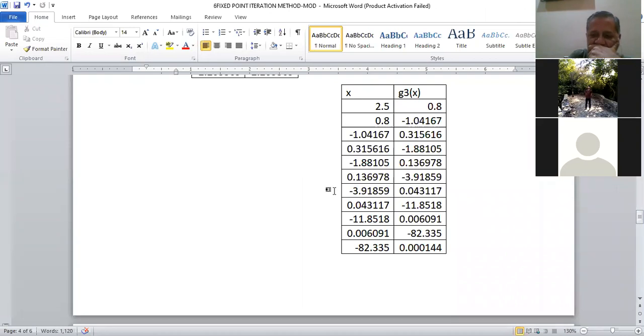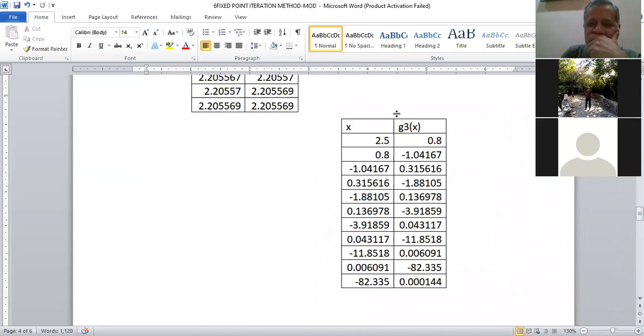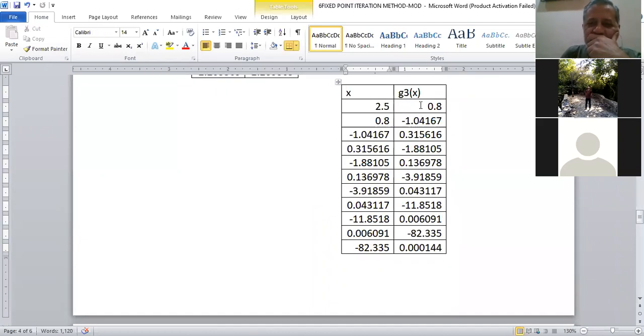The third one, what was the third one? This one, 1 upon x square minus 2x. We started with 2.5. The g value came as 0.8, which we took as the new approximation. The g value then came as -1, the new approximate value. Then calculating g again, we took 0.3 as x, and the new value is -1.88.